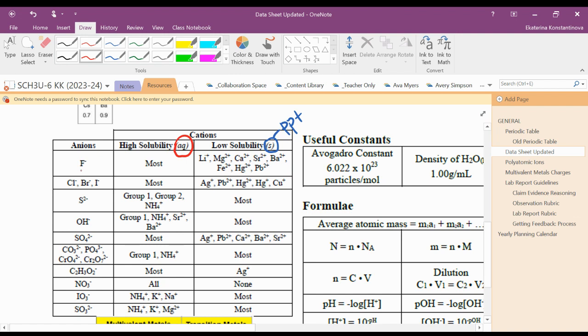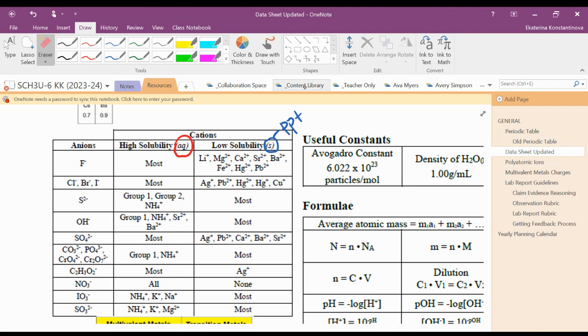If I see fluorine right here, and lithium is right here, it's telling me that because lithium has low solubility with fluorine, a very, very little amount will dissolve. Most of it will not dissolve. It will not be soluble. So that's why we say slightly soluble, but we have to put the state solid because it is a precipitate. We'll do some practice examples of how to read this table.